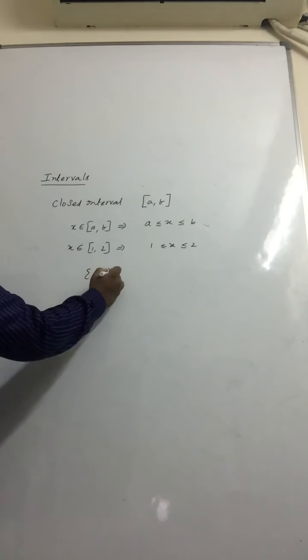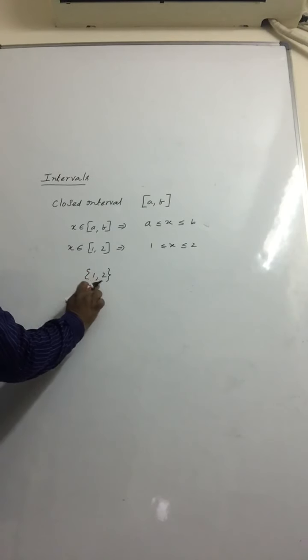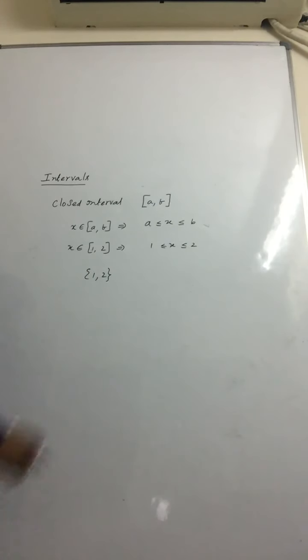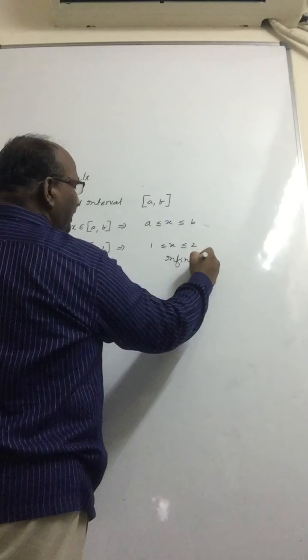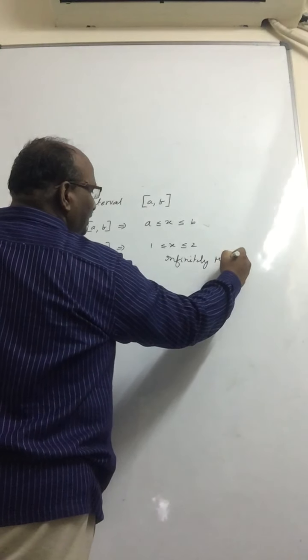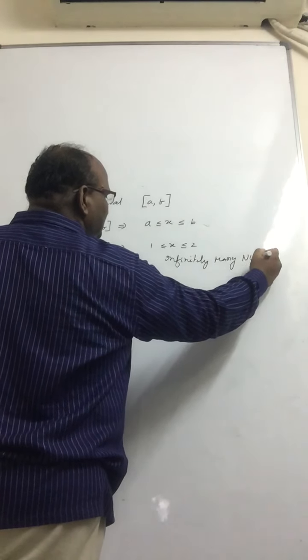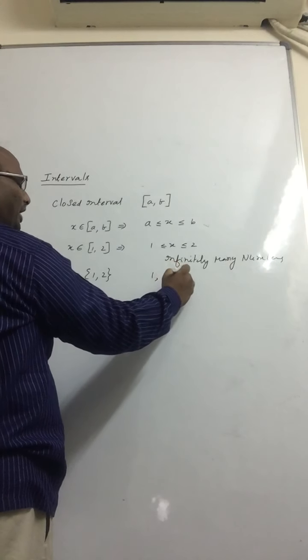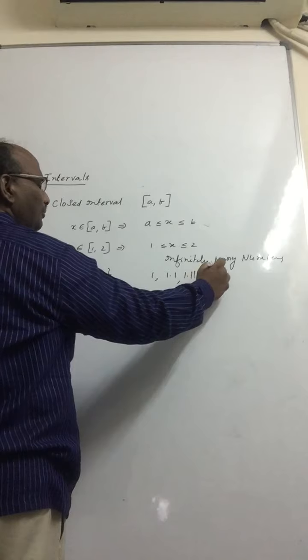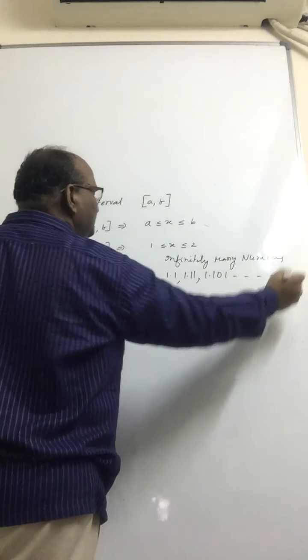If I write a flower bracket, it contains only these two numbers, whereas a closed bracket contains infinitely many numbers. So 1, 1.1, 1.11, 1.101, like this.